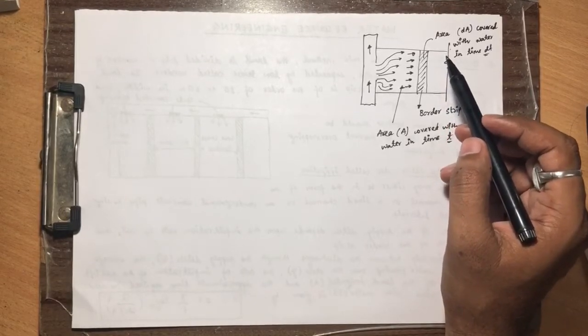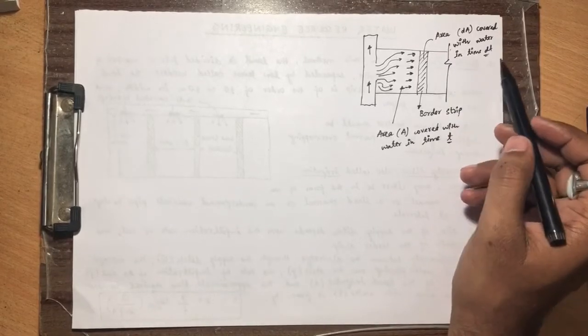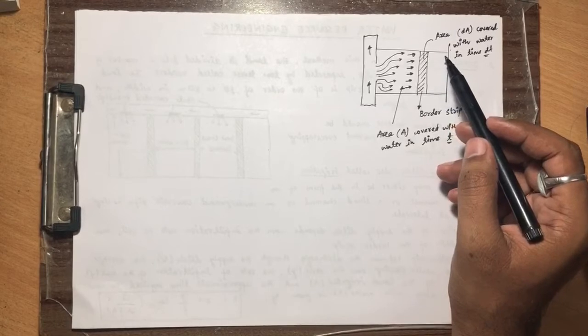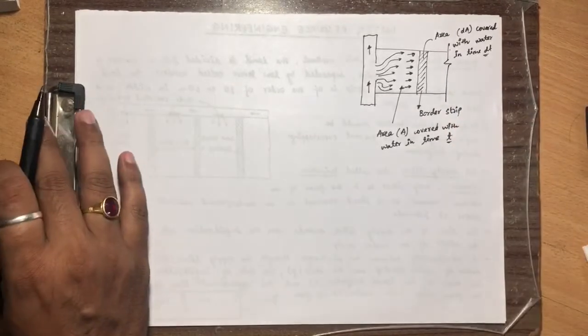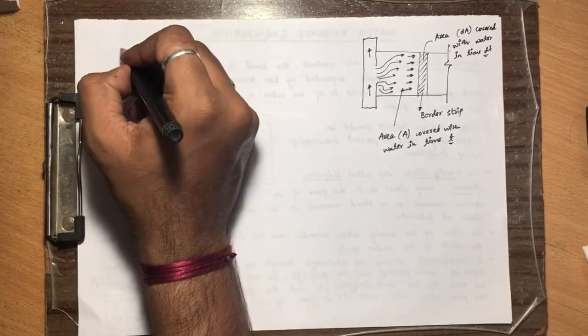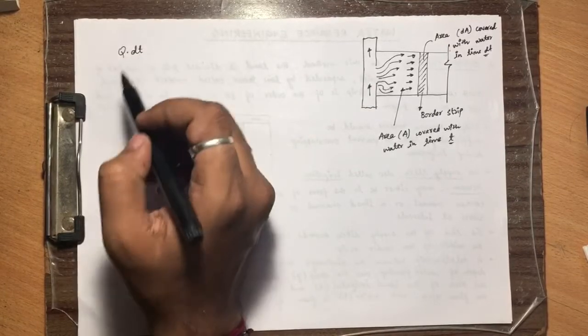So we have assumed that in time dt, this much area is irrigated. So what is going to happen actually? The total volume coming from the water supply is Q into dt, where Q is the discharge.